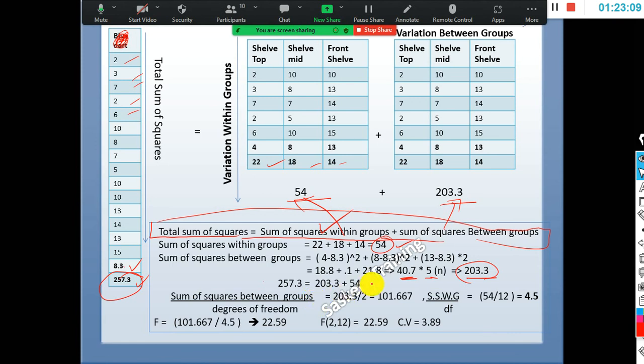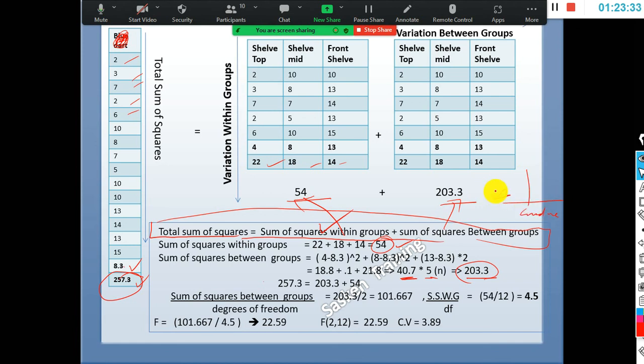Okay. Next, what I should do, you remember the F statistic. Sum of squares between groups divided by sum of squares within groups. This is within groups and this is between groups. So sum of squares between groups, how far? You remember the image. This is my grand mean.